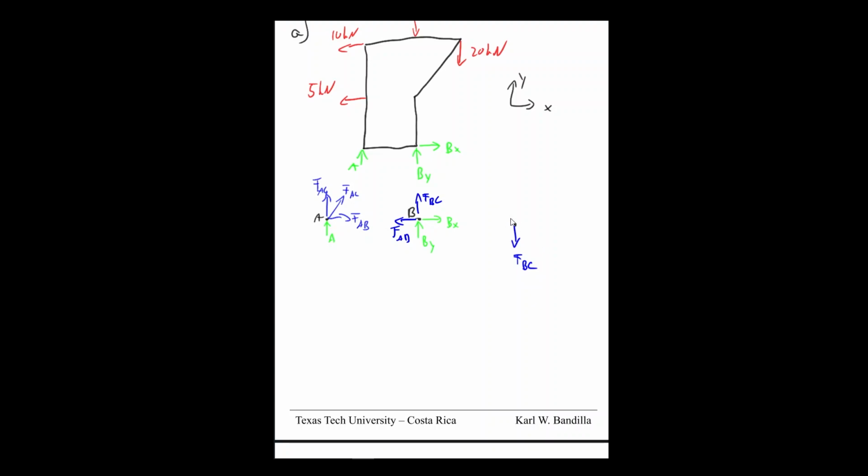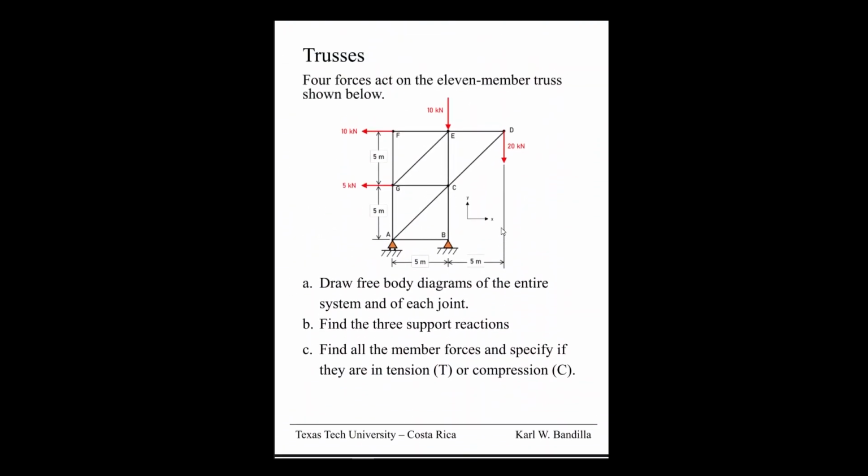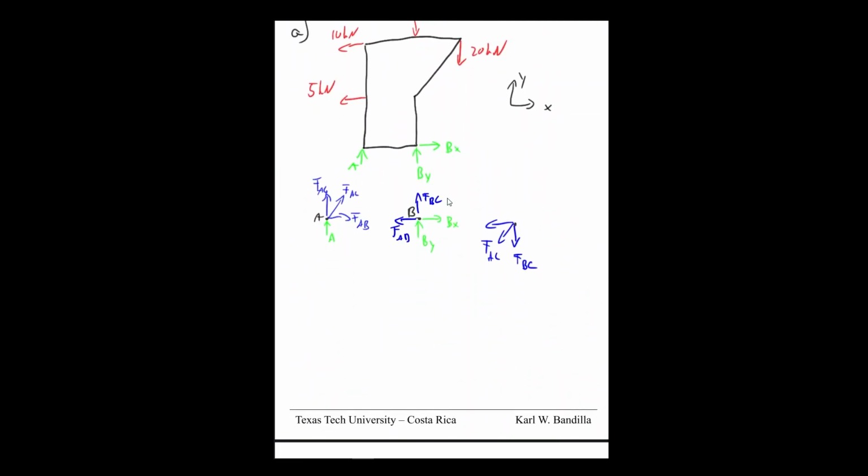And then we have FAC going in this direction. Then we have FCG. A little hard to read, so let's give ourselves a little space there so we can actually read this later. FCG.